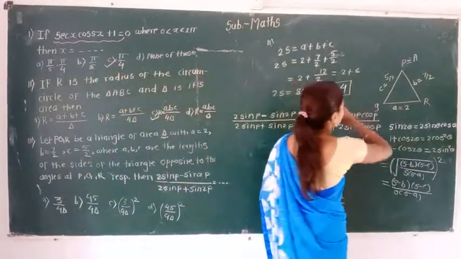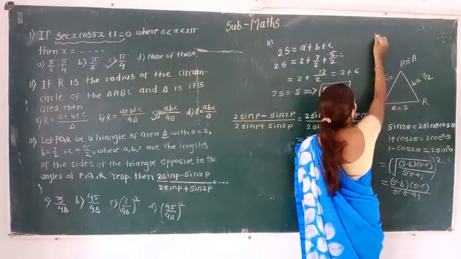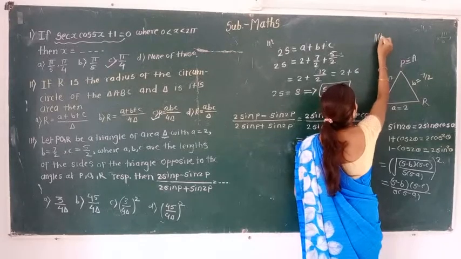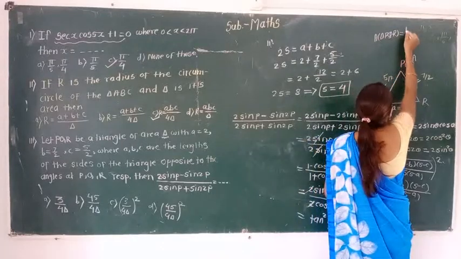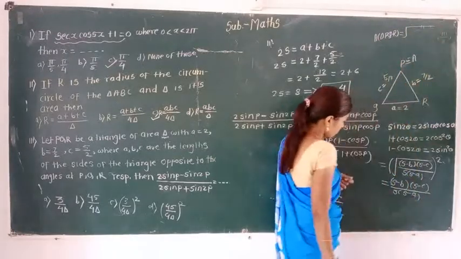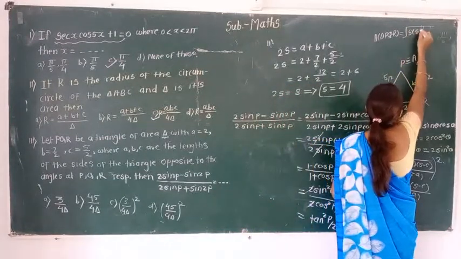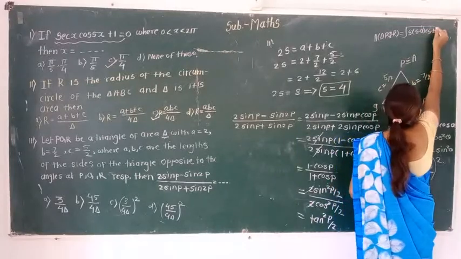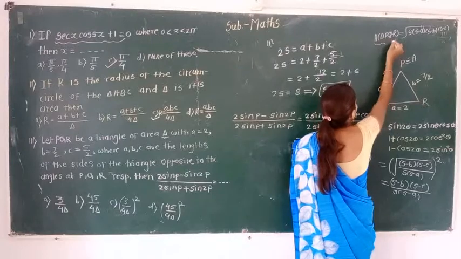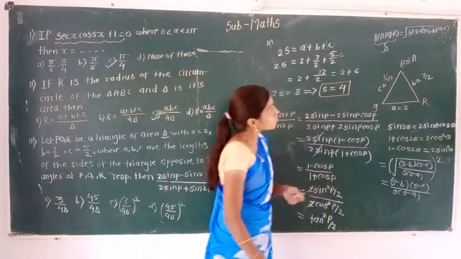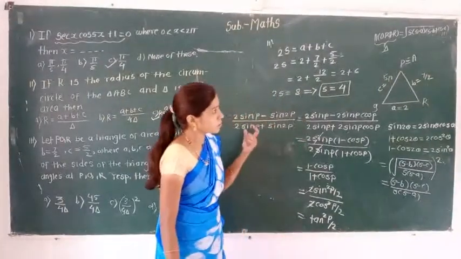And we know that the three sides of the triangle are given. So the area of triangle PQR we can write as square root of S (S minus A)(S minus B)(S minus C). It is also given as delta. So the value of delta is square root of S (S minus A)(S minus B)(S minus C).